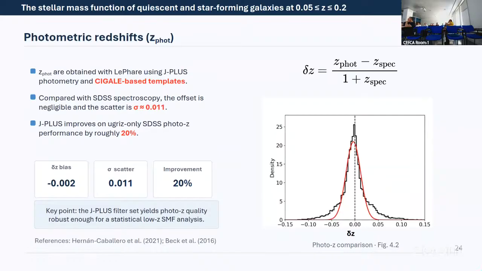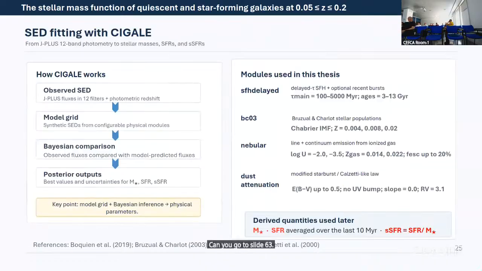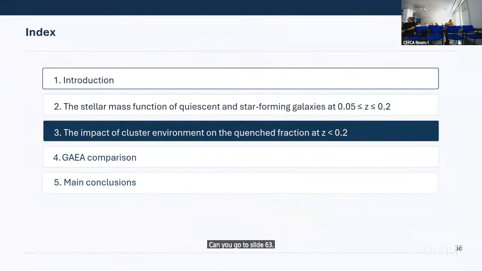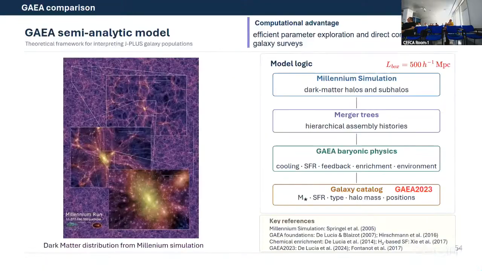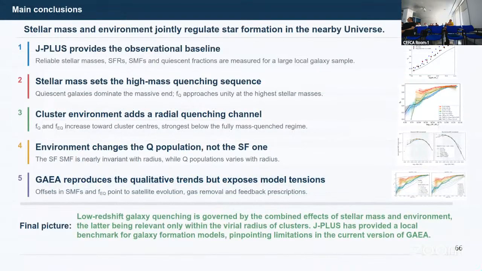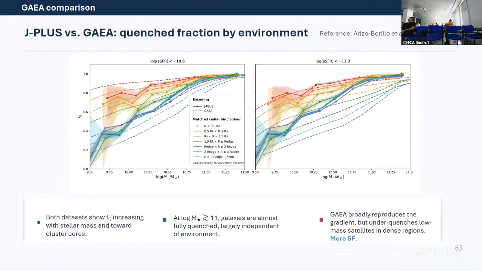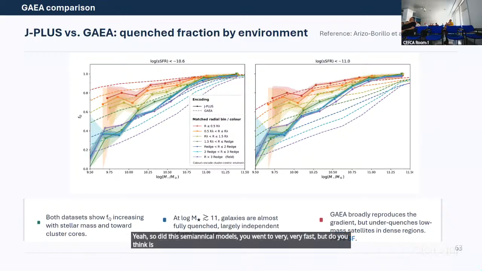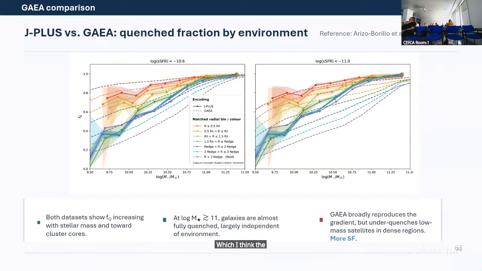Okay. You go to slide 63, thanks for putting it. So this discrepancy with the semi-analytical models, you went over it very fast. What do you think is the reason why they underpredict the quenching? That's the key question. Basically, their prescriptions have to be tuned. I don't know exactly the reason.